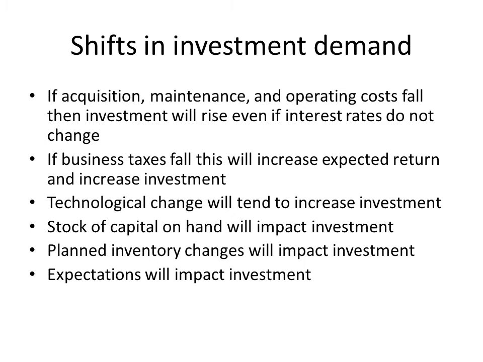Also, the stock of capital on hand is going to impact investment. If I have a factory sitting there half used, I'm not going to build another factory or add on to the existing one. Why? Because I've got excess capacity. And in fact, there is a measure in macroeconomics by the government of what we call excess capacity, or really it's something called the capacity utilization rate.